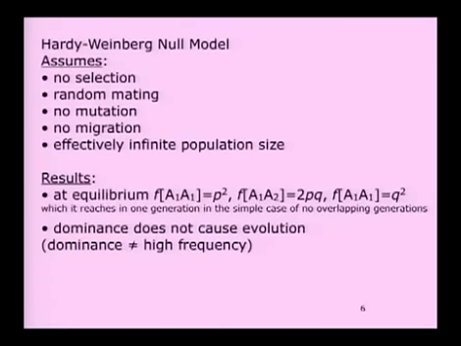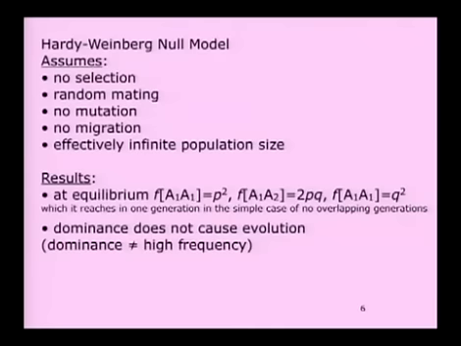In the back. The next thing is dominance doesn't cause evolution. All of this is true whether A1 is dominant, recessive, or codominant. It doesn't matter. It's not the case that the dominant allele by itself would evolve to become the most frequent one.